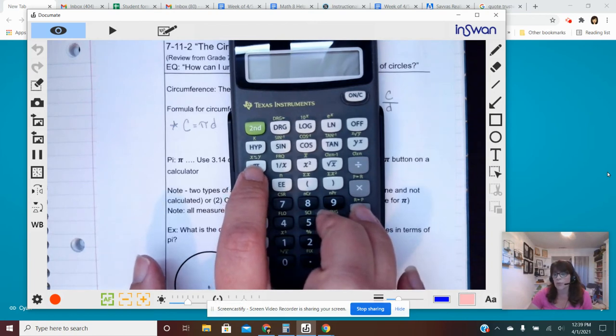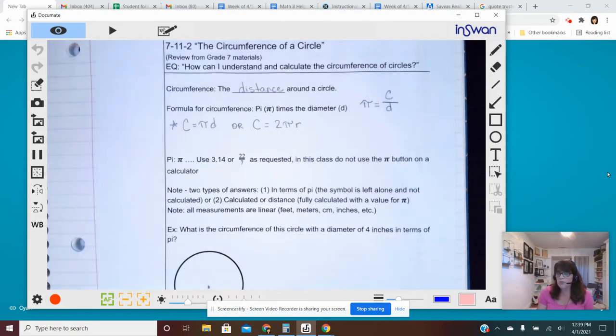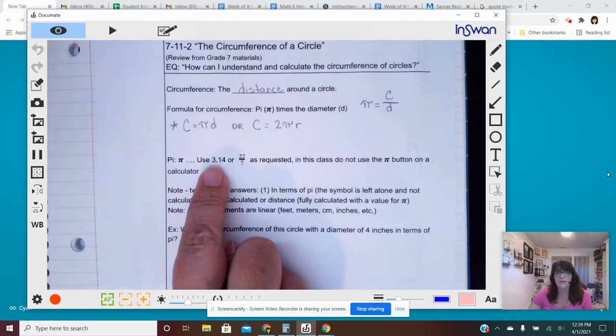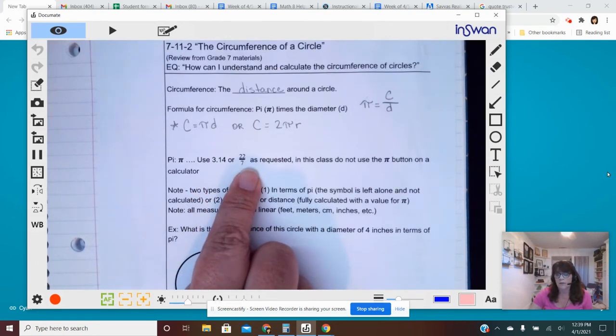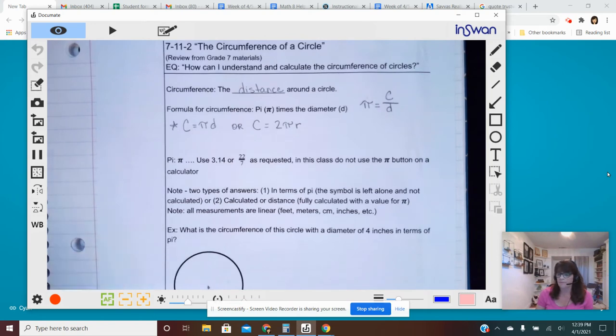It uses more digits, and you're going to get a different answer than it's expecting. So please use the value that they give you as the estimate for pi. Okay, and I'll show you what I mean.